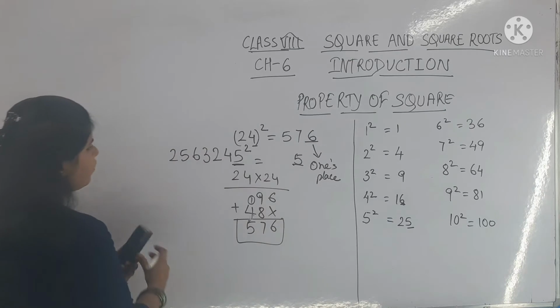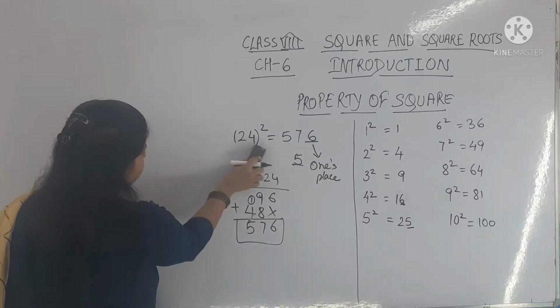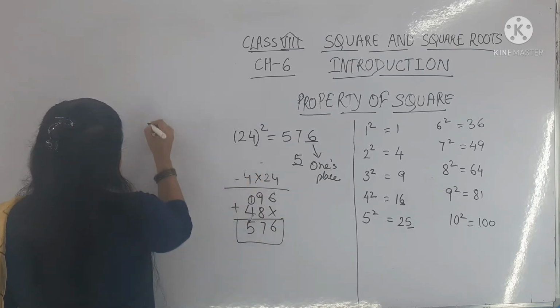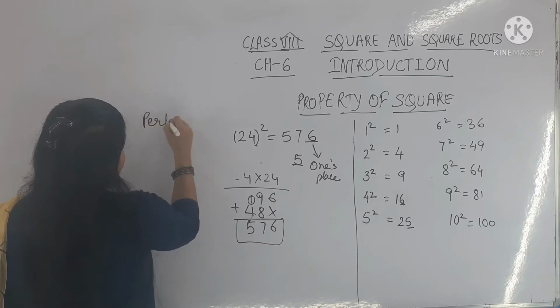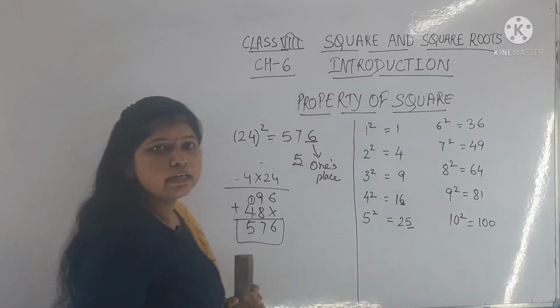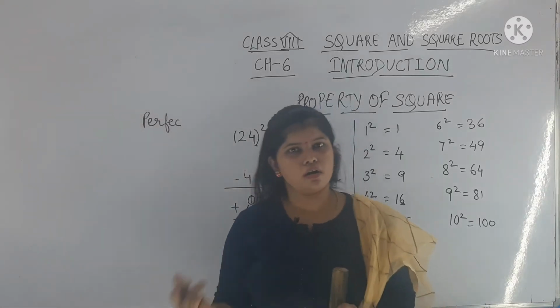So for a perfect square, by seeing the number you can find whether it is a perfect square or not.